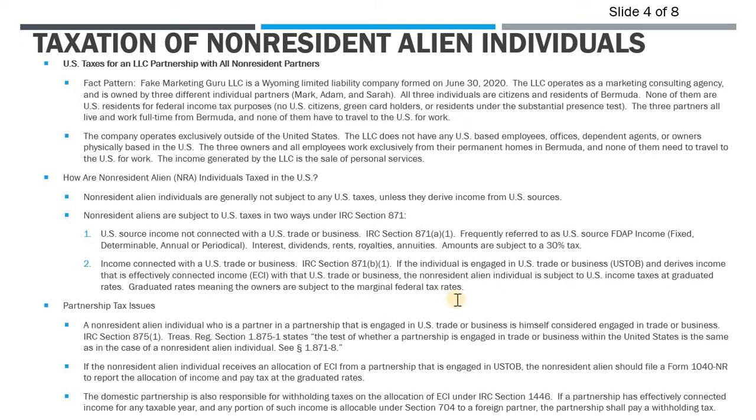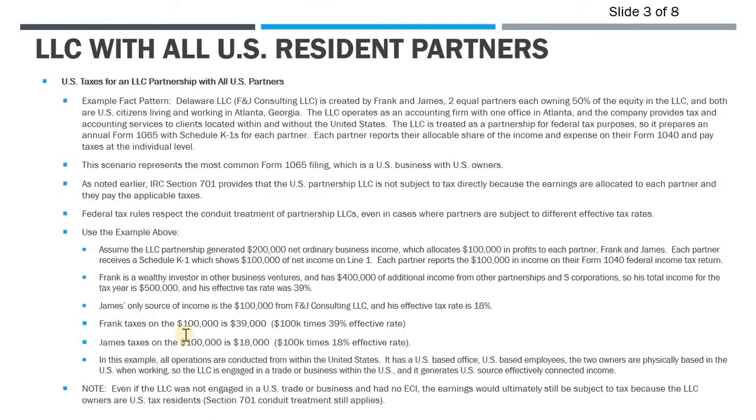So your tax profile is very similar to if you were a U.S. resident. If we jump back to the example here with Frank and James, this is what we're talking about, the effective tax rates as part of the marginal rate system.